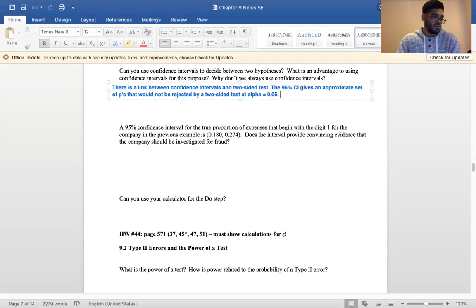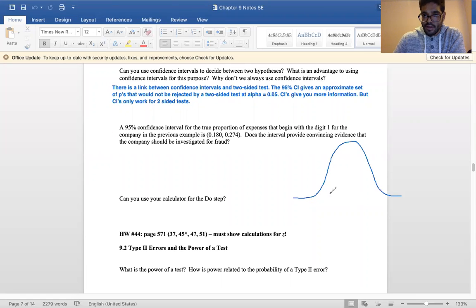Okay. And so the thing is that CIs give you more information, but CIs only work for two-sided tests. If you think about it, that kind of makes sense, because if we're doing a two-sided test and we want a 95% confidence interval, this is your 95% here, and this is your fail to reject region in the middle.